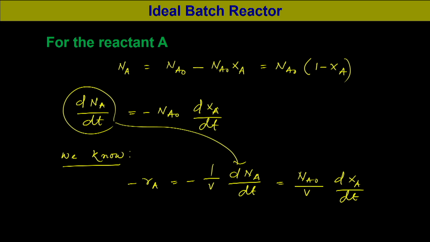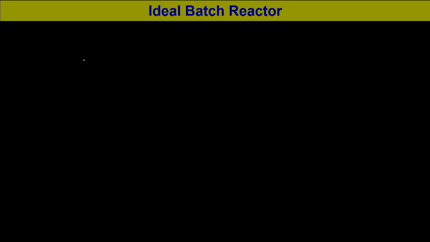So, now if we consider the general balance equation for the batch reactor, that is minus dNj/dt is equal to the integral over V of minus rj dV.